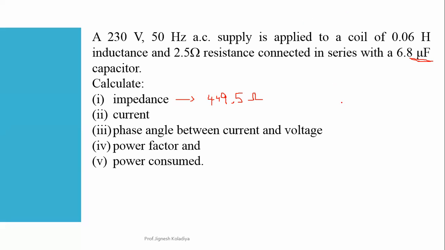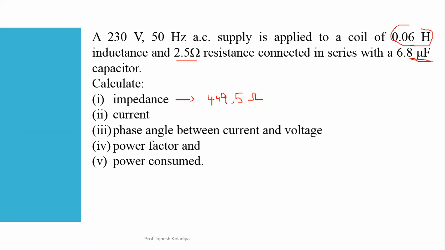See, first of all, we know that impedance for a series RLC circuit is the square root of R square plus (XL minus XC) whole square. Inductive reactance is not given, capacitive reactance is also not given, but resistance is given. And instead of inductive reactance, inductance is given.